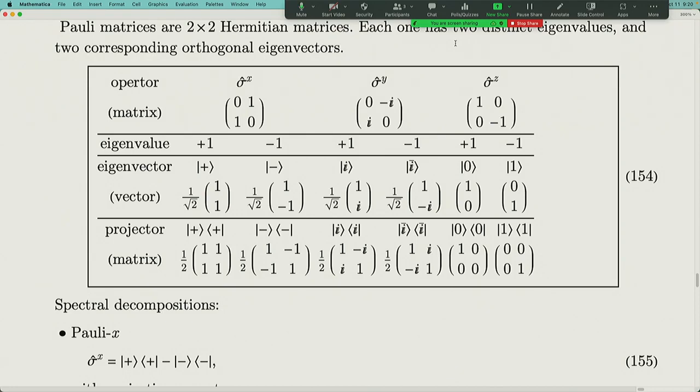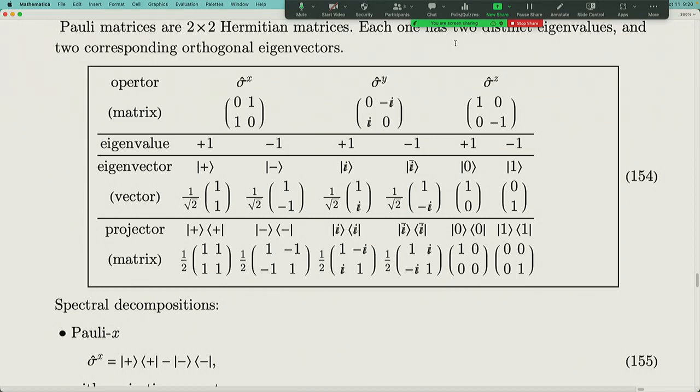The 1 over square root 2 factors multiply together into 1/2, and then with the matrix multiplication, the first element is 1, the second element is 1, the next element is 1, and the other element is 1. So if you have a -1 here, basically you get 2 minus signs. That's how we construct this projection operator.